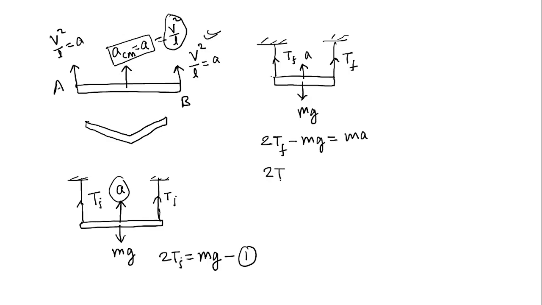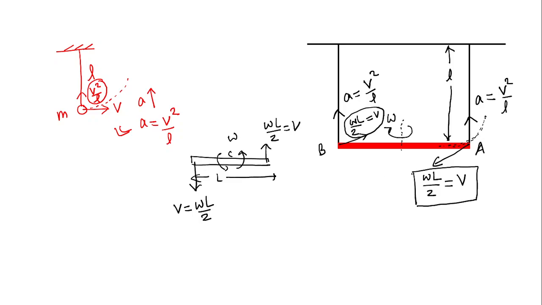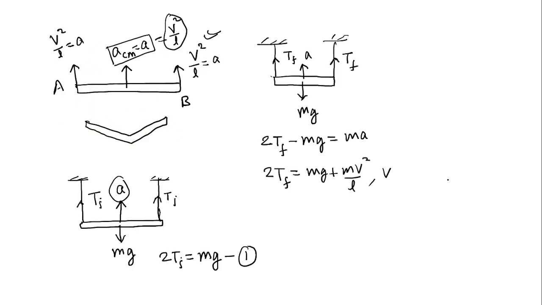That means 2Tf equal to mg plus mv square upon L. What is V? V we have already seen here. V was what? Omega L by 2, simply because of the angular velocity. So V we can write omega L by 2.